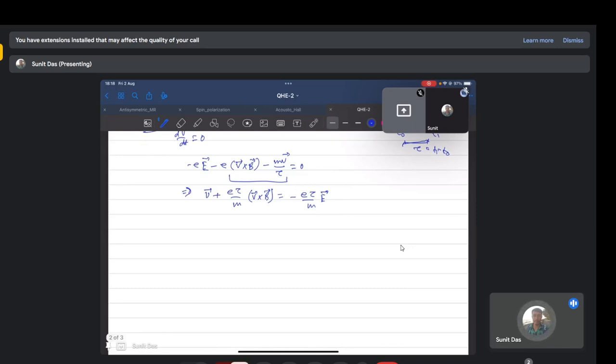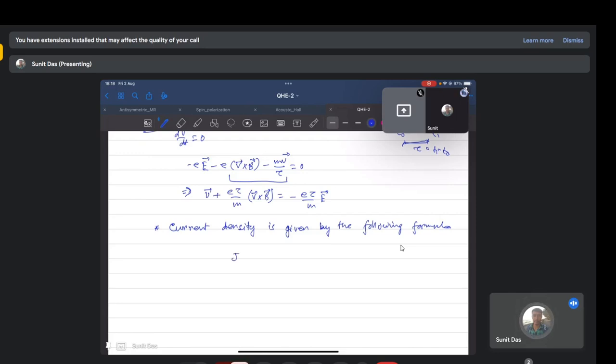Now the current density in the semi-classical picture, or in the Drude model, is given by the following formula.